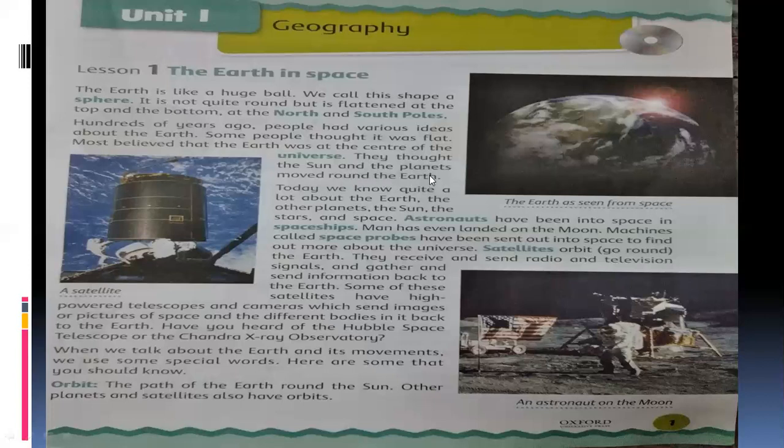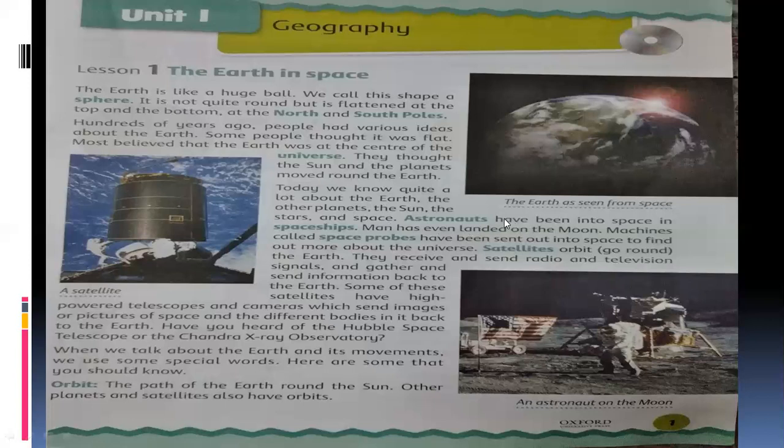These are called planets. Today, we know quite a lot about the earth, the other planets, the sun, the stars, and space.